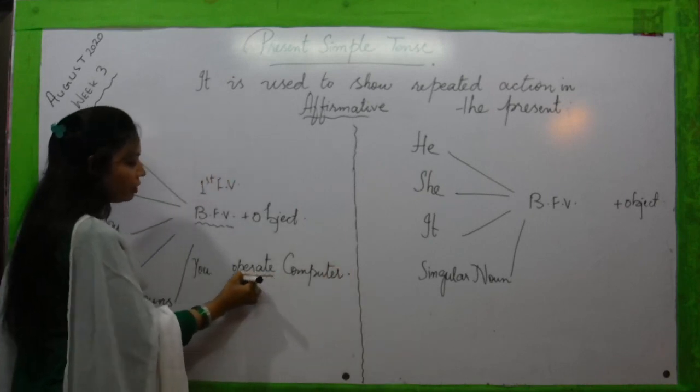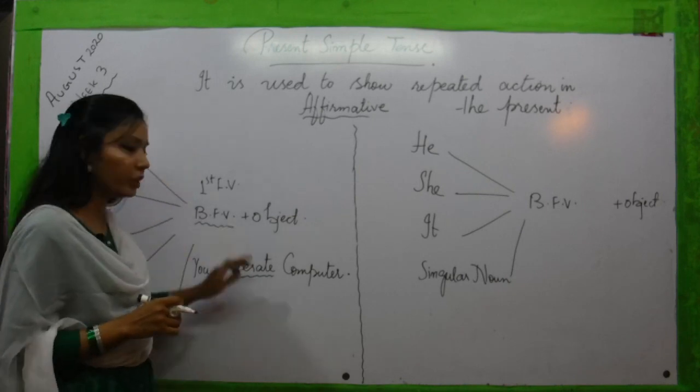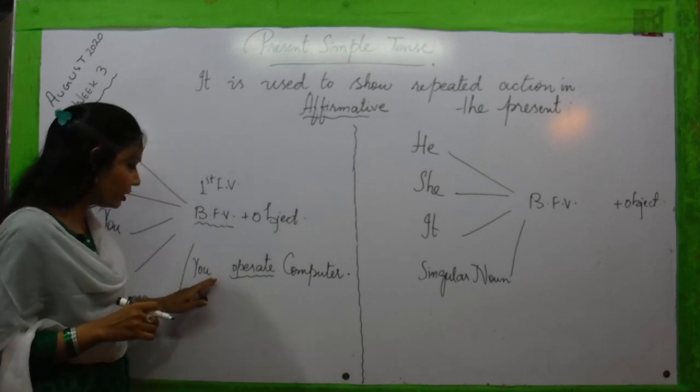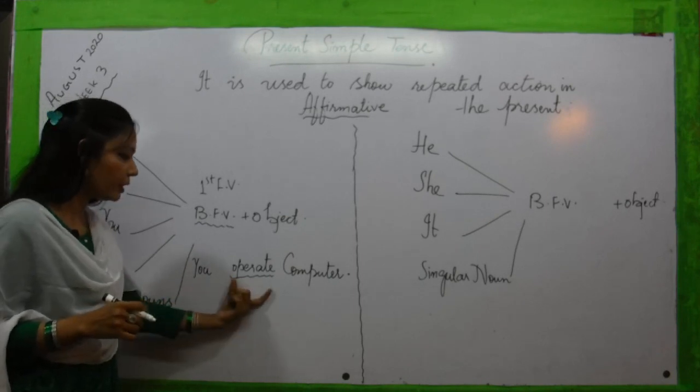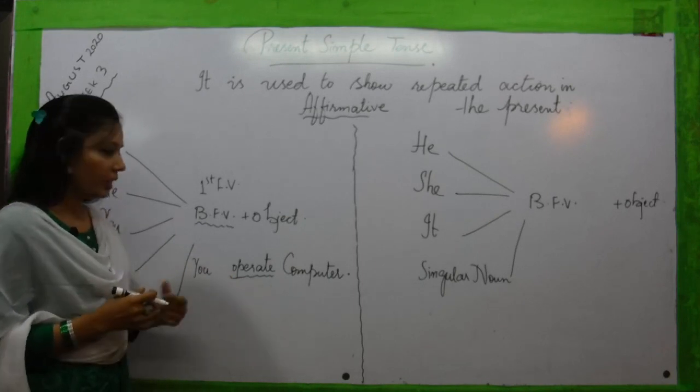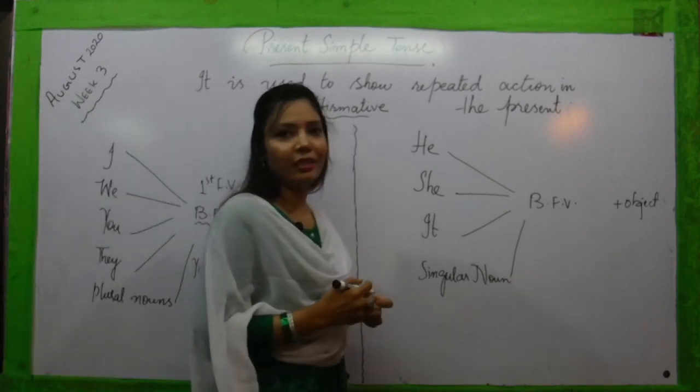Here, operate is the base form of the verb, or the first form of the verb, and we have used it with you. With I, we, you, they, plural noun, we can simply use only the base form of the verb. Isn't it simple?